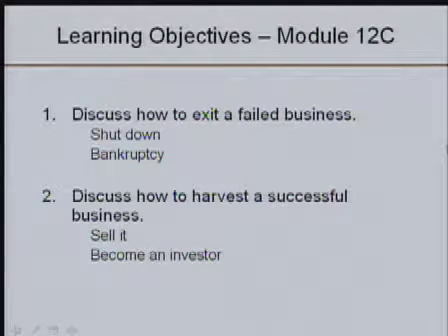When we're talking about a successful business, we like to use the word harvest, gathering the fruits of all your labor and energy and money and risk-taking. So we're going to look at both of these.